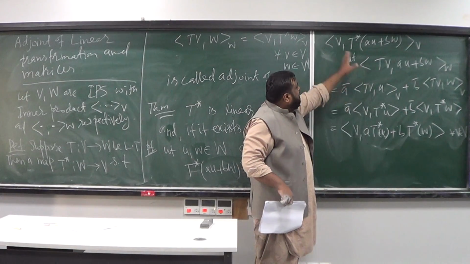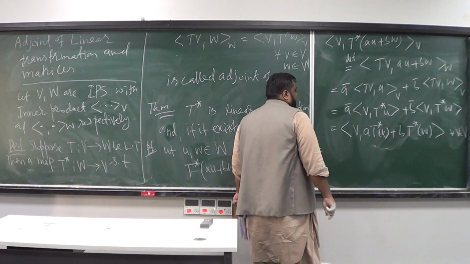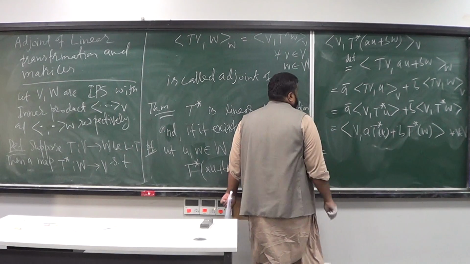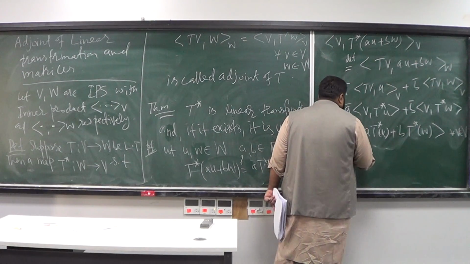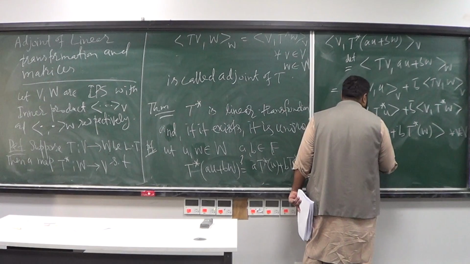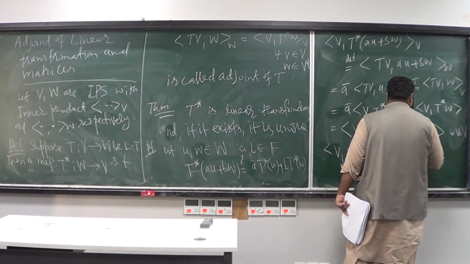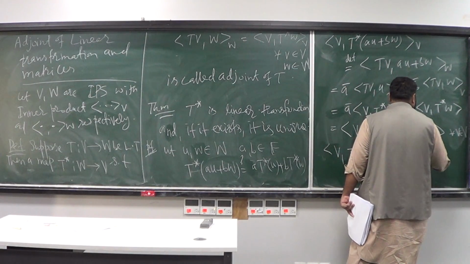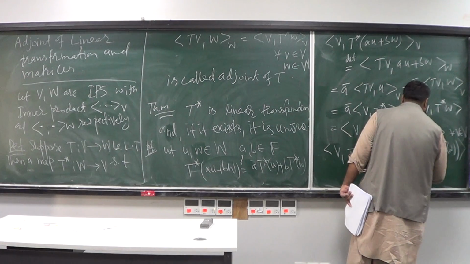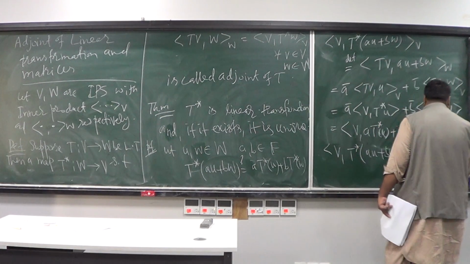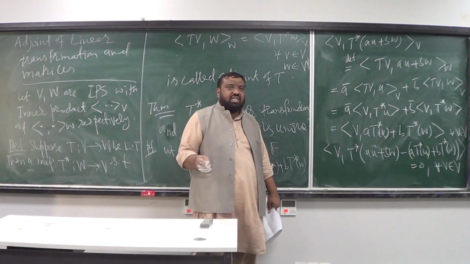So if I take this onto the other side and put the inner products together, this implies that the inner product of V with T star of aU plus bW, minus a T star of U plus b T star of W, is equal to 0 for all V in the inner product space. Okay, and then we proved the result actually.